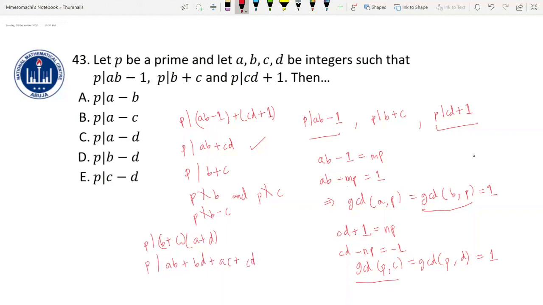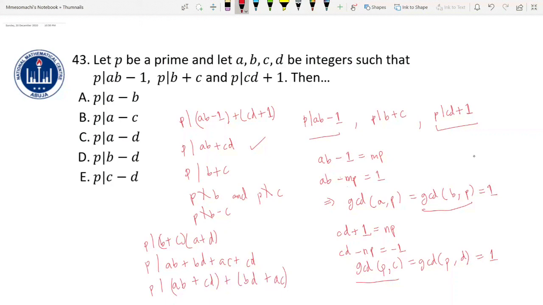So this is equivalent to P divides AB plus CD plus BD plus AC.